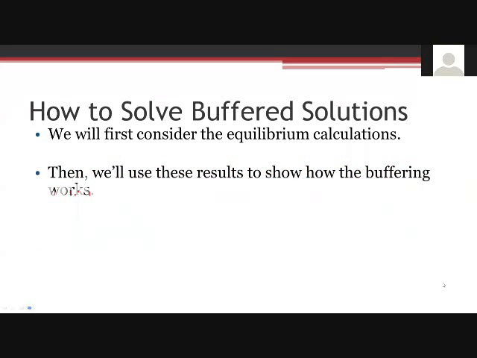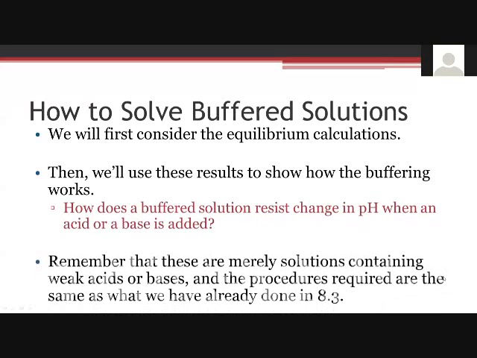When we are solving buffered solution calculations, we have to consider a few things. First of all, we need to see what the common ions are, what is being given to us that's important from that salt. Remember, get rid of spectator ions and that kind of stuff. Then we see how this applies to resisting the change of the pH. Just remember that these are merely solutions that contain weak acids or bases.